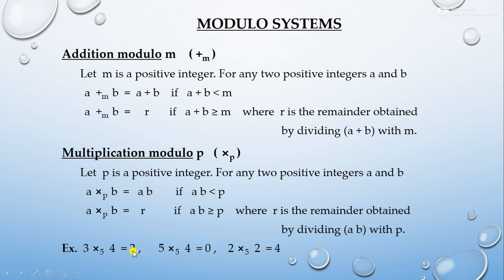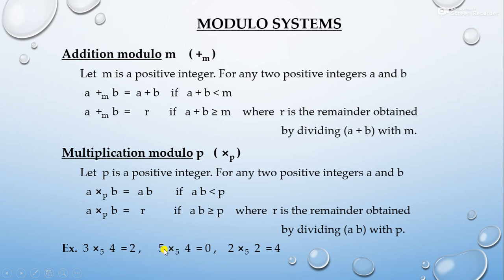So 12 is greater than or equal to 5. So here we have to write the remainder. When we divide 12 by 5, the remainder is 2. So the multiplication of this under multiplication modulo 5 is 2.